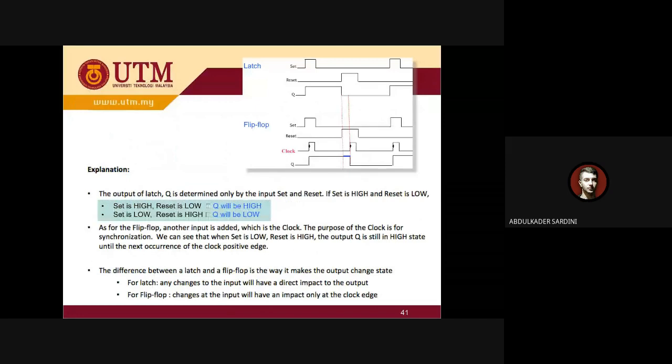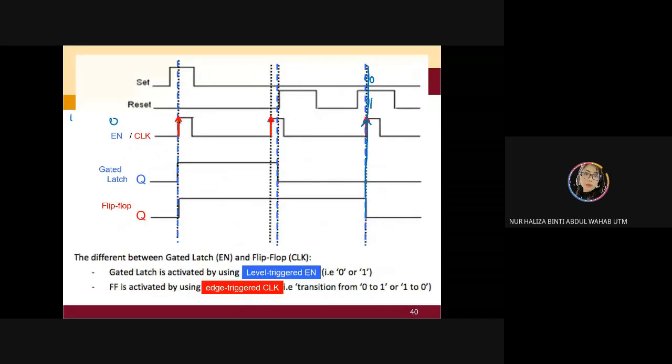Supposedly, where is the table? Oh, we refer to the table actually. Yes, we refer to the table exactly similar, which is you have 0 0, no change, 0 1 will be reset, 1 0 will be set, and 1 1 will be invalid. So you're going to refer similarly, but it is looking at your clock. For latch, it is your EN, right?